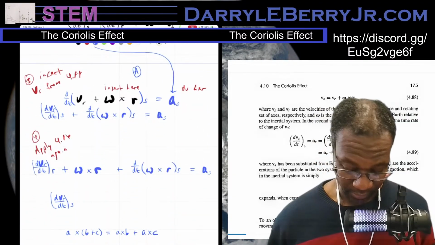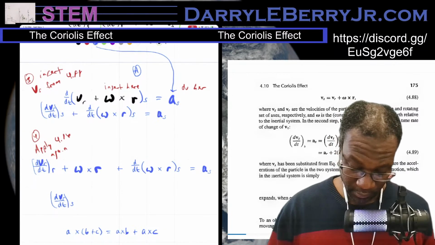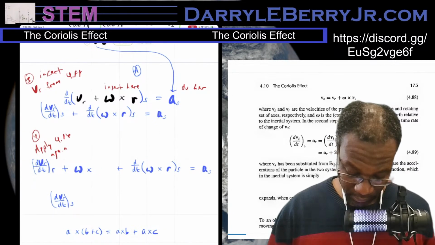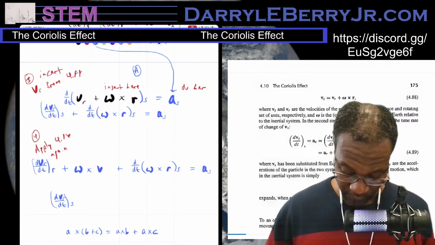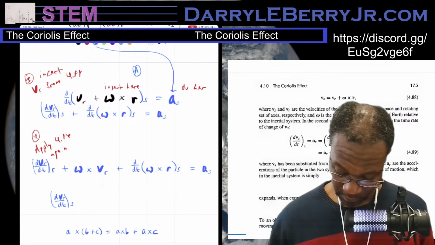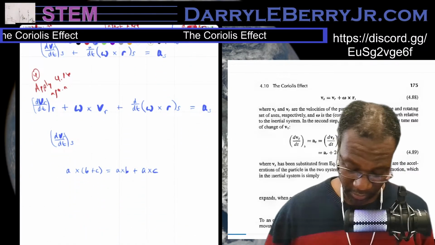Well, it should be the same vector that it was the correction of. That'll be VR. This is starting to look better.